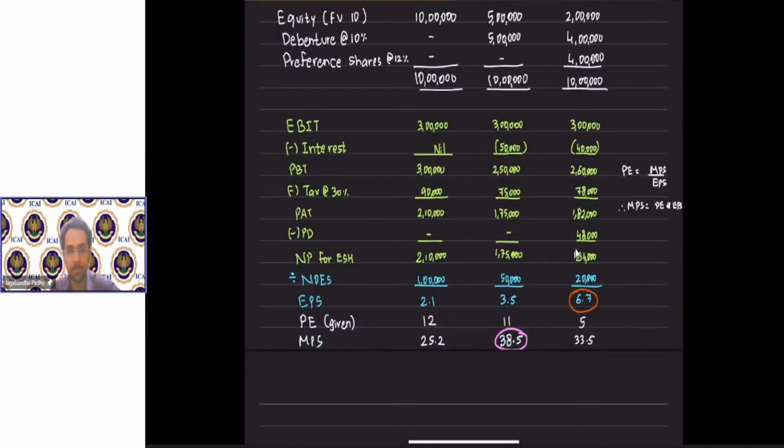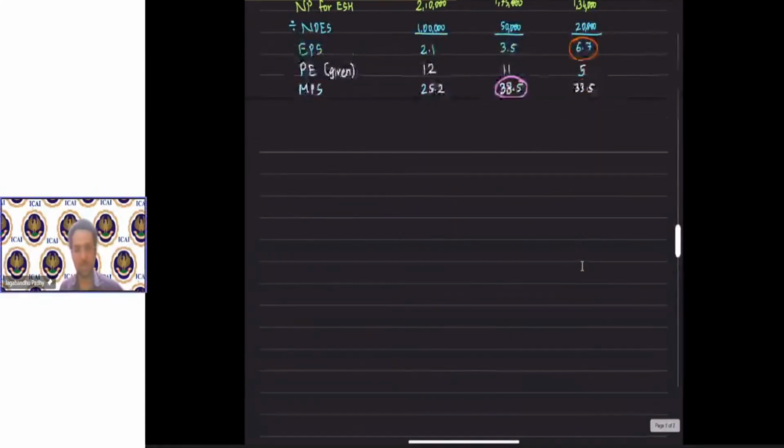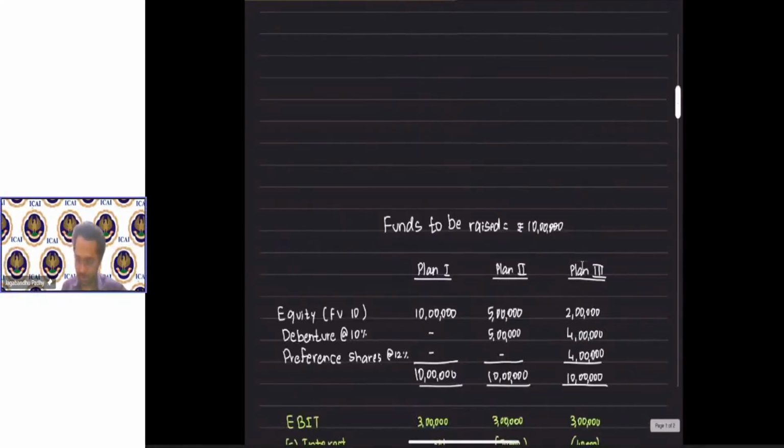Okay. So how to decide which financing plan is to be chosen, guys? How are we going to decide which financing plan is to be chosen?